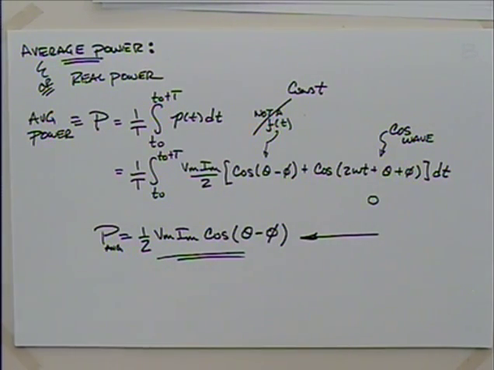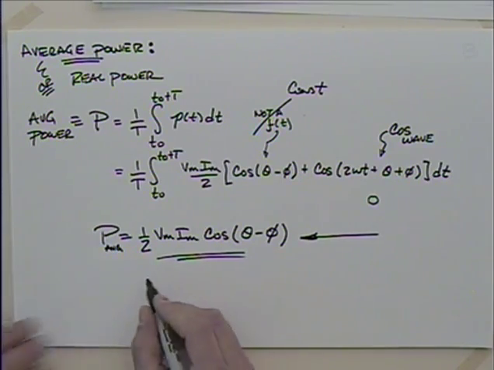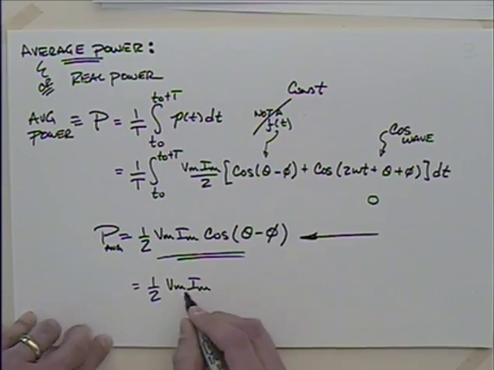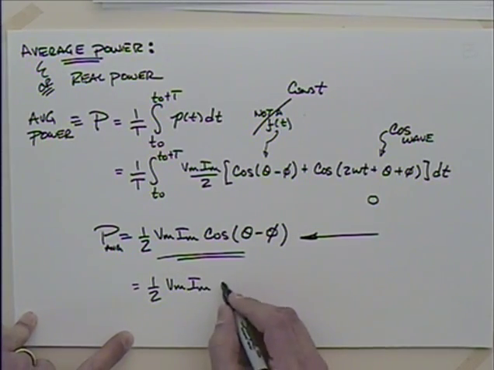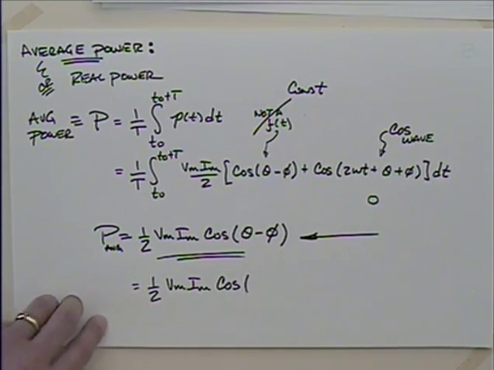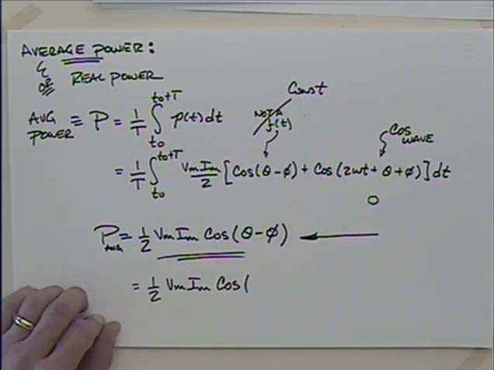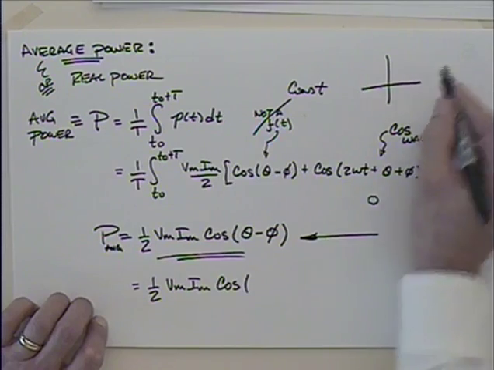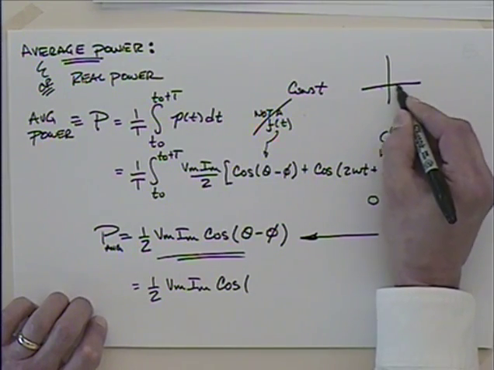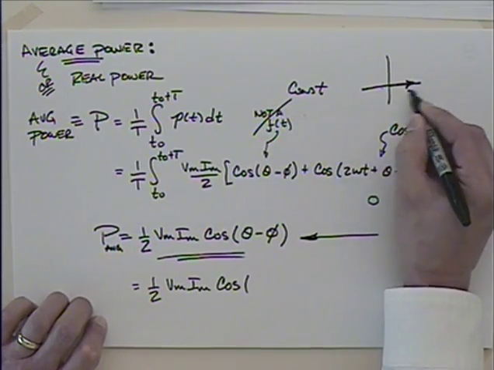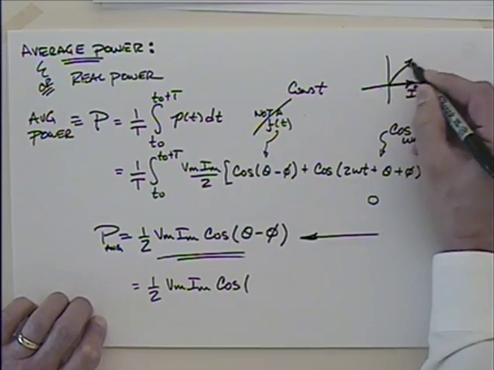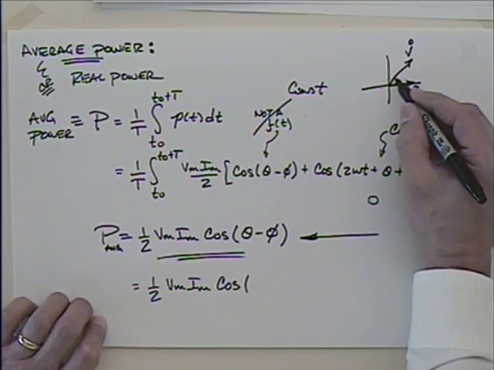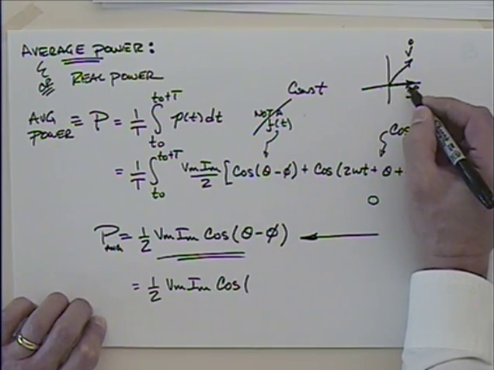Now there's some important things here. If I were to go a little further, I could say that this is 1/2 Vm Im, so the magnitude of the voltage, the magnitude of the current, times the cosine. What's the difference between theta and phi? Now, if we go back and look at our phasor diagram, we have this current here, I, and we had this voltage, if it was, let's say, an inductor, and the angle for the voltage, that's theta, minus the angle for the current was phi.